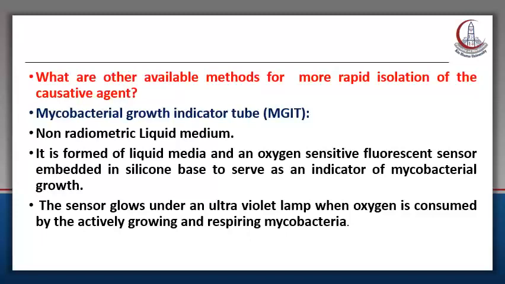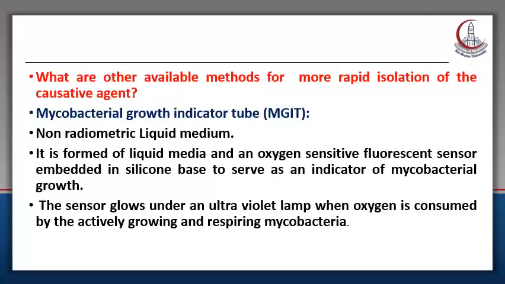If the specimen has Mycobacterium tuberculosis in it, it will multiply and consume the oxygen in the tube, so the oxygen sensor will fluoresce, and the fluorescence is observed under an ultraviolet lamp. This is the principle of the Mycobacterial Growth Indicator Tube.